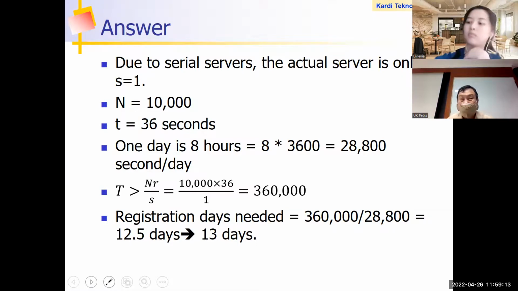That is the wrong way of doing queuing. This is the one that I want you to deliver to many people. Realize that this serial server is actually only one server, whatever number you have. So you need to make it parallel, not serial.